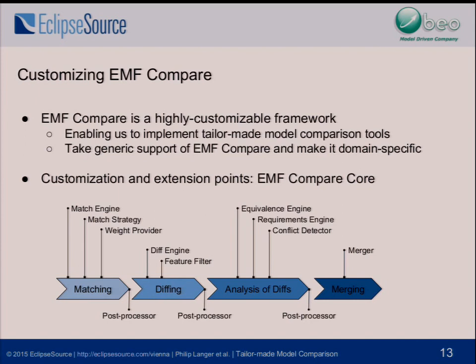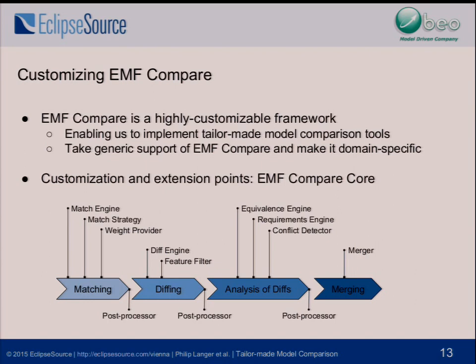So in the matching phase, remember the goal is to find the corresponding model elements between 2 versions. So of course, you need a way to iterate through your model and get the closest model element to the one that you're currently having in your hand. And obviously, this can be domain-specific. By default, EMF Compare offers an ID-based match or a name-based match.